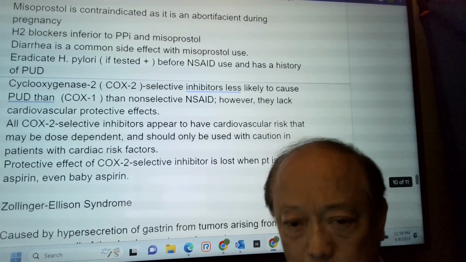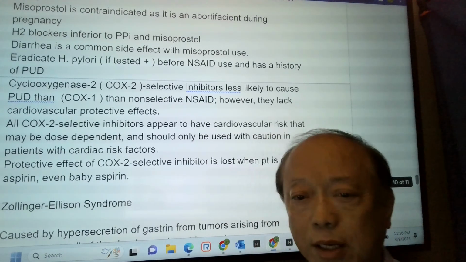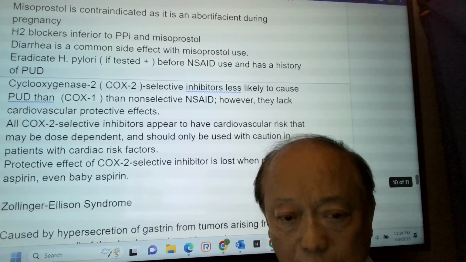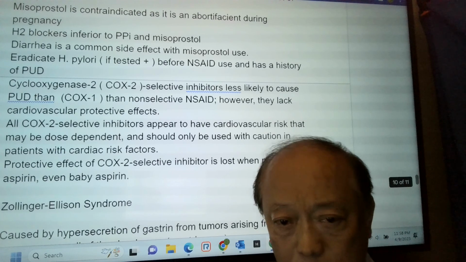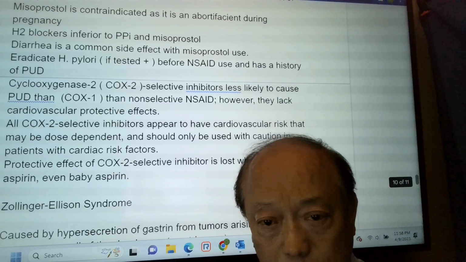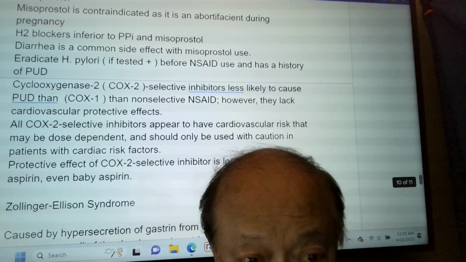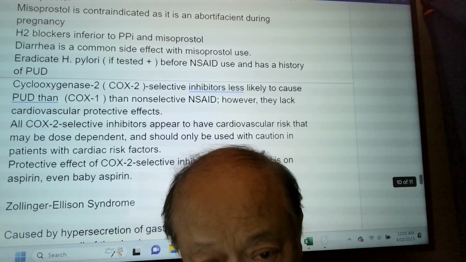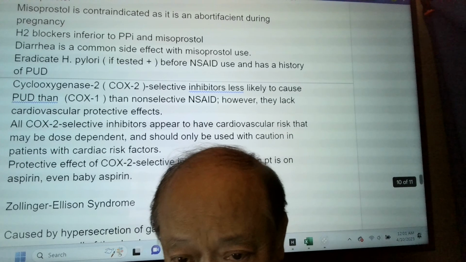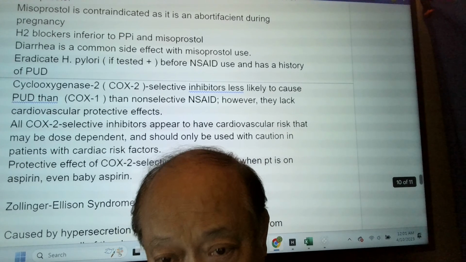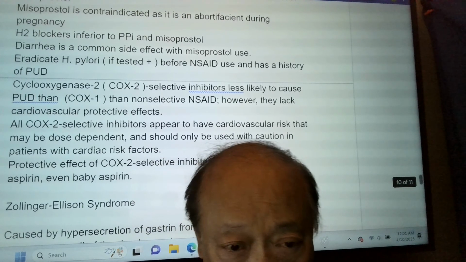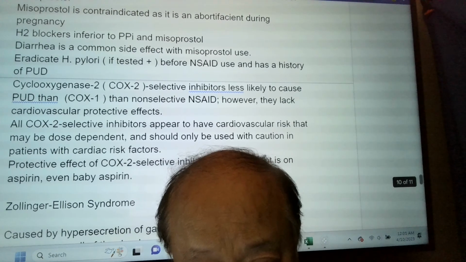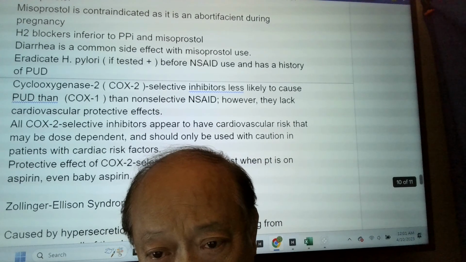Cyclooxygenase 2, COX2 selective inhibitors are less likely to cause peptic ulcer disease than the non selective NSAIDs.